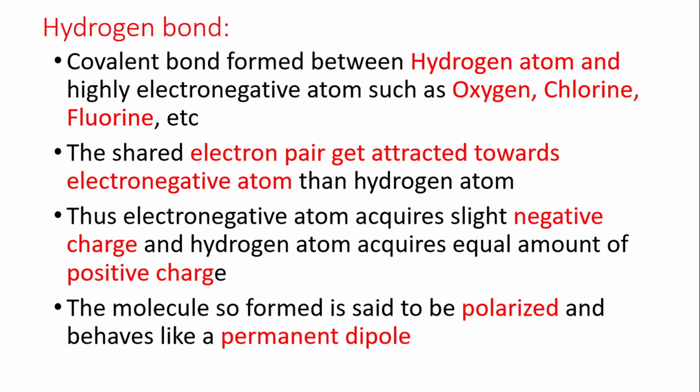Initially we already studied covalent bond, ionic bond, metallic bond, and then a type of secondary bond, but a very important bond, that is van der Waals bond. Now, what was covalent bond? Covalent bond is a very specific strong bond that takes place between two neighboring atoms by equal sharing of electrons.